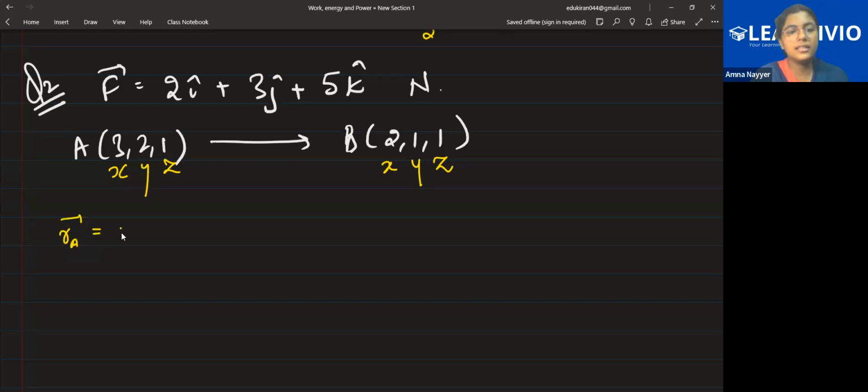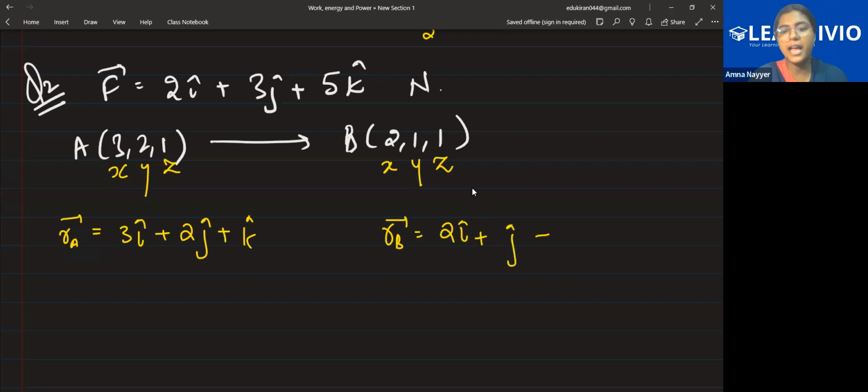This is written as 3I cap plus 2J cap plus K cap. RB is 2I cap plus J cap plus K cap.